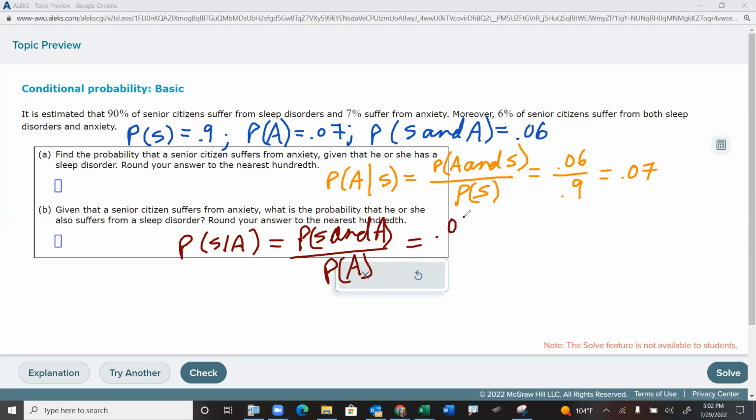So that'll be 0.06 again, but this time divided by 0.07, which is going to be 0.86. So 86% chance of that one. Whoa, that's quite a bit different. But that's how it's done.